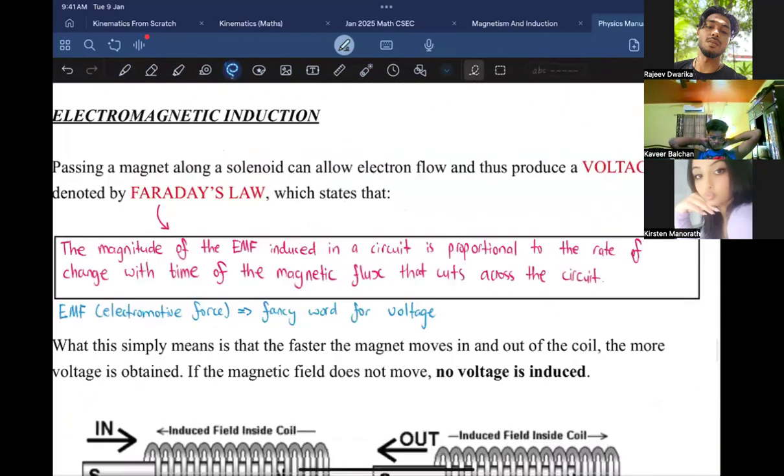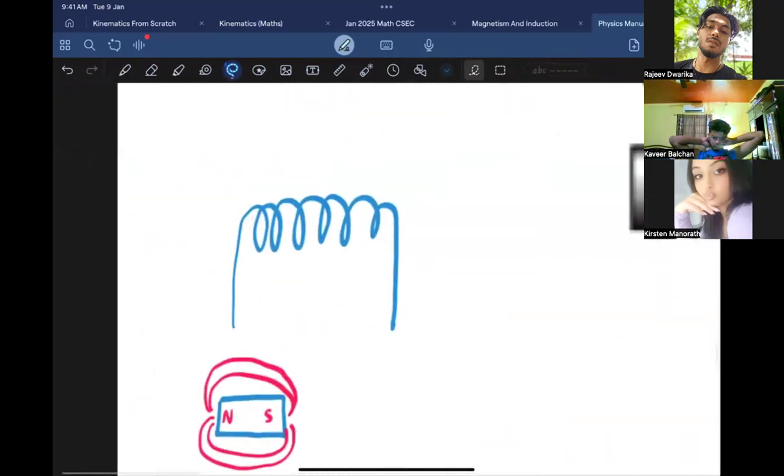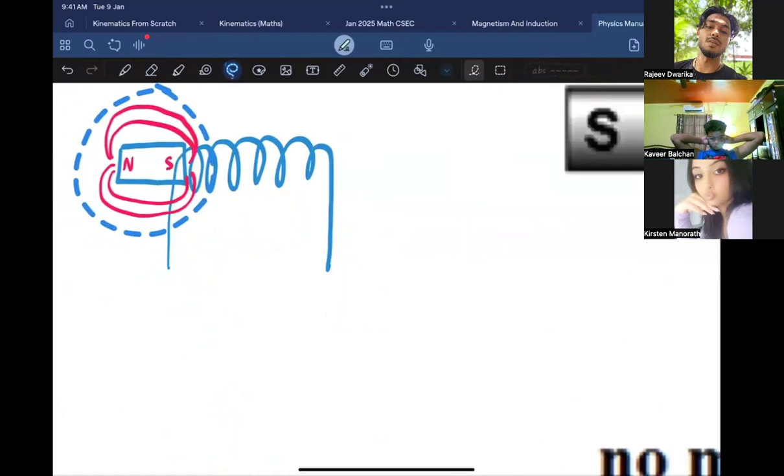It talks about the rate of change with time of the magnetic flux that cuts across the circuit. The field lines in red are the magnetic flux, and they are cutting the coils. But is it moving? Is it changing? No. So will there be an induced EMF? In other words, will there be a voltage produced? No. Justin, what do you think?